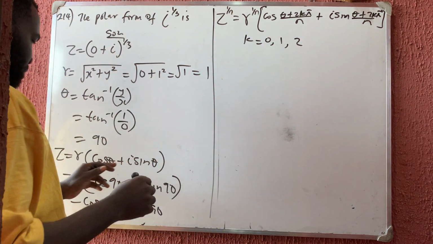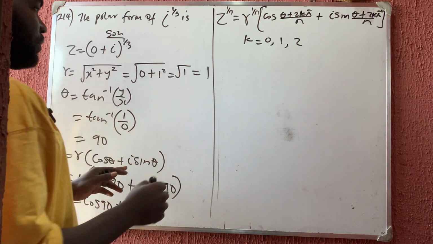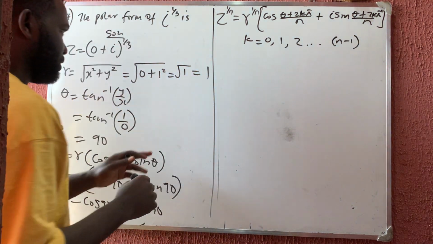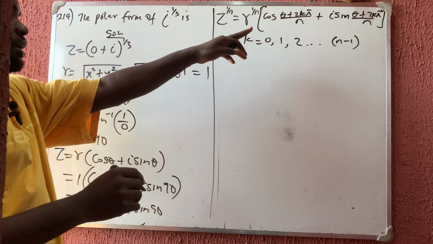Because I have 3 here, k is going to stop at 2.